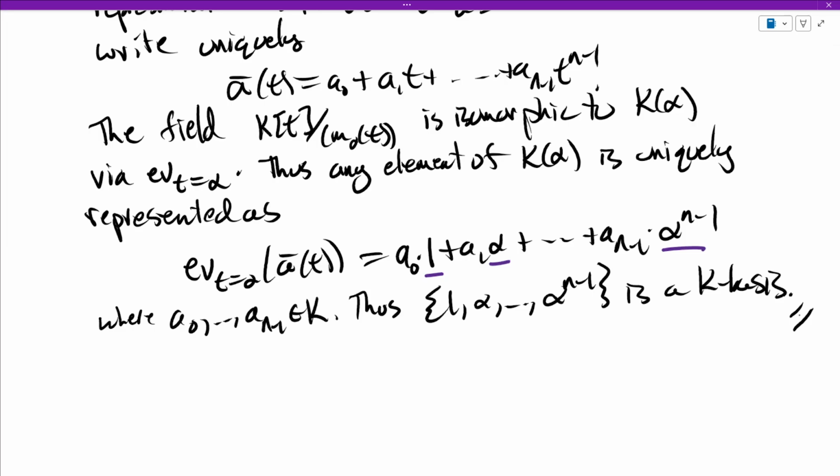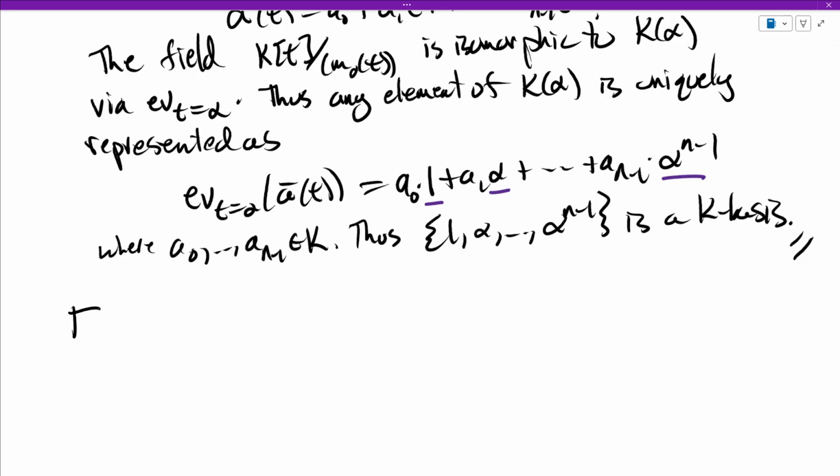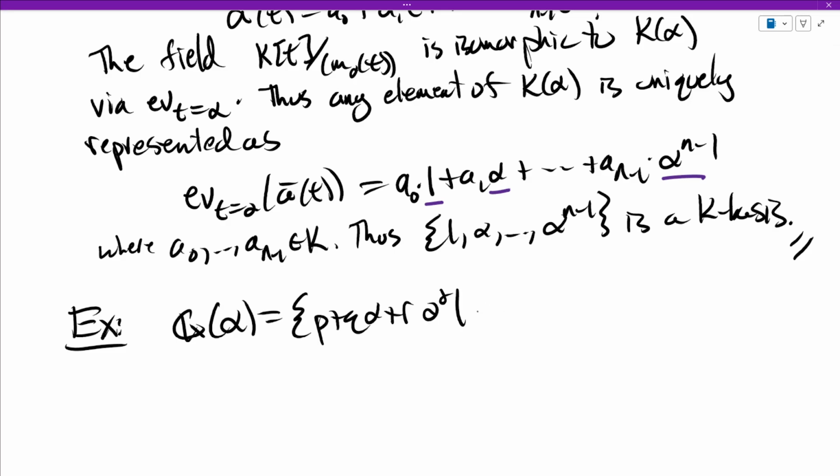I know it can be a little bit confusing when there's not a hard example to sink our teeth into. So let's go back to that cube root of 2 example. So p plus q alpha plus r alpha squared, with p, q, r in Q, and alpha is a real cube root of 2.